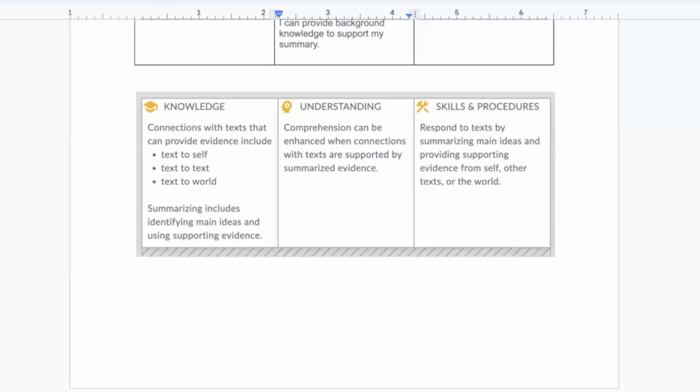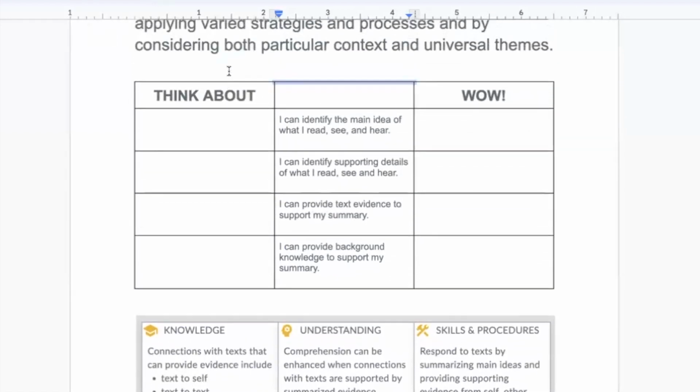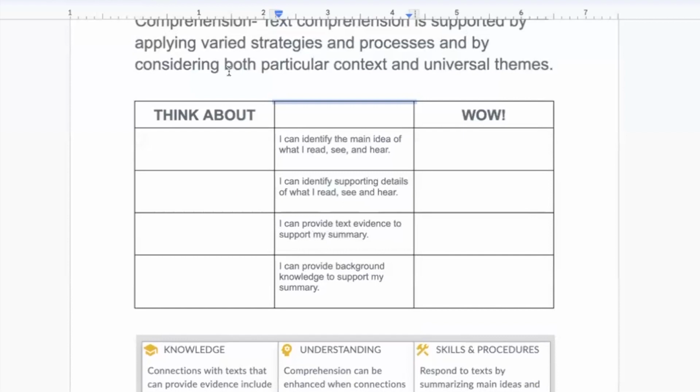So if you look back at the single point rubric, this is how we broke it down. Students should be able to identify the main idea of what they read, see, and hear, because not all text is print. Text is print, text is visual, text is something you can hear, and that's all considered text.